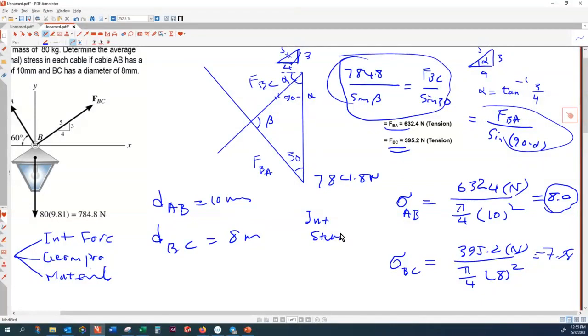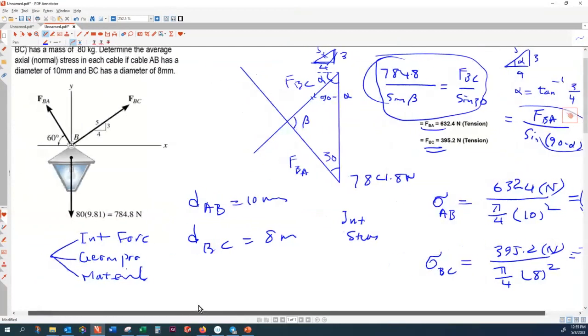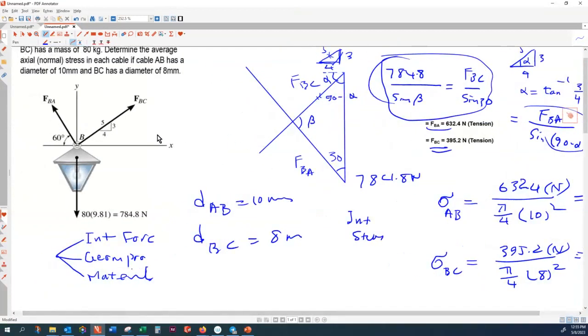All right, so that is a complete evaluation of the cables, not only by finding the internal forces, because once you know the internal forces, yes, one of them is larger, but their geometry are not the same. What about their material? At this stage, I'm assuming that both of them are made of the same material. So if I know the internal force, the only thing I need is the geometry.